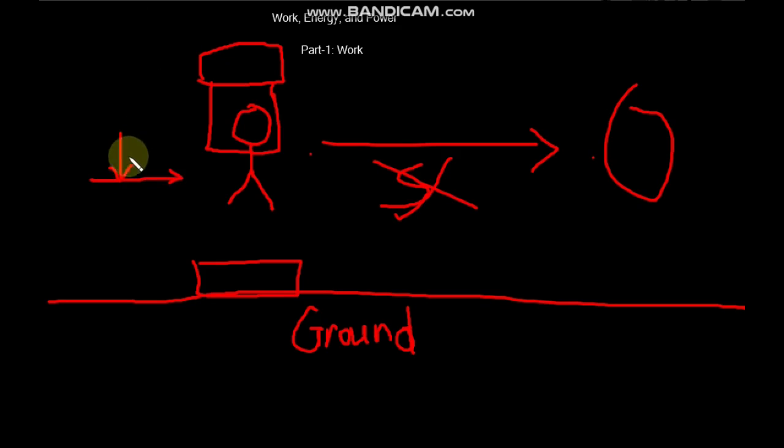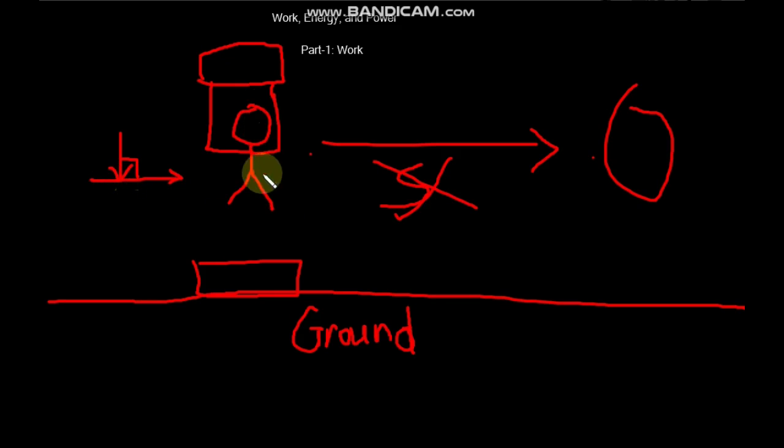In the previous example, I showed you that someone was pulling a block through his shoulders, while the gravity is acting downwards and his force is acting sideways. So you can say that this is perpendicular. That's when work is created.